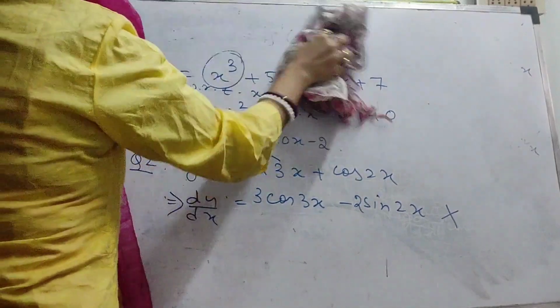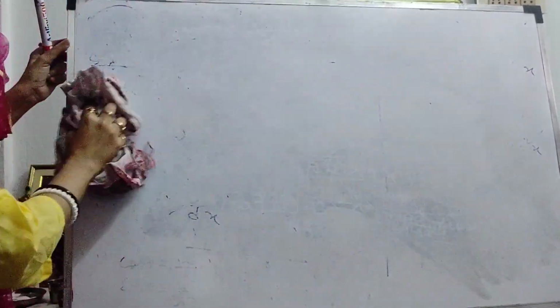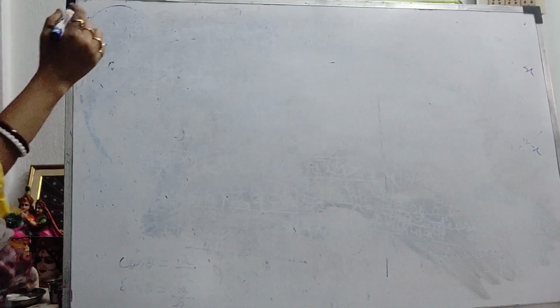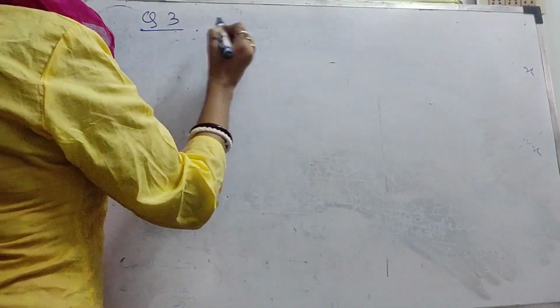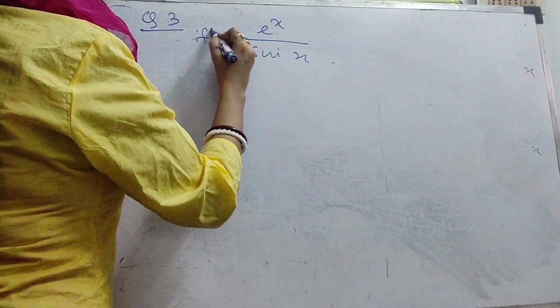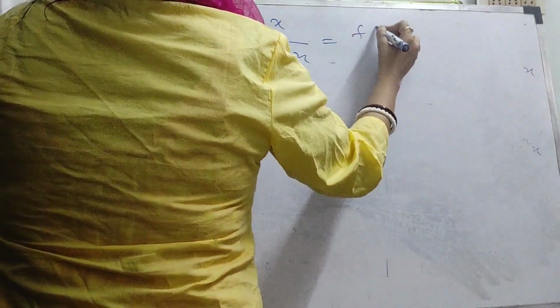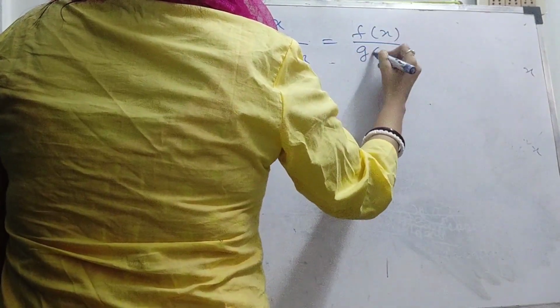Next example. Question number 3. f(x) equal to e to the power x by sin x. So this is the function of a quotient, means division.